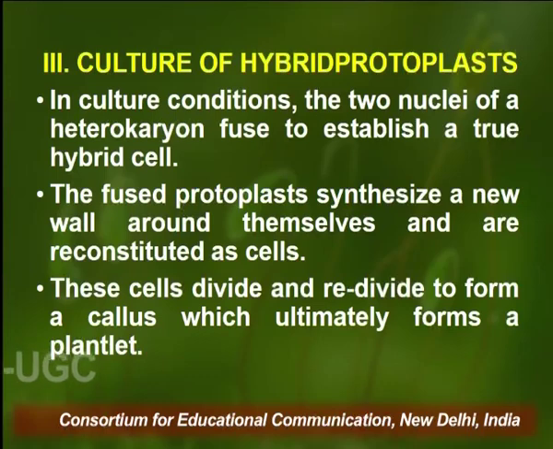These cells divide and redivide to form a callus, which ultimately forms a plantlet. So, this is one of the most important methods of overcoming incompatibility, and I hope you have understood all the methods of overcoming self incompatibility. Thank you.